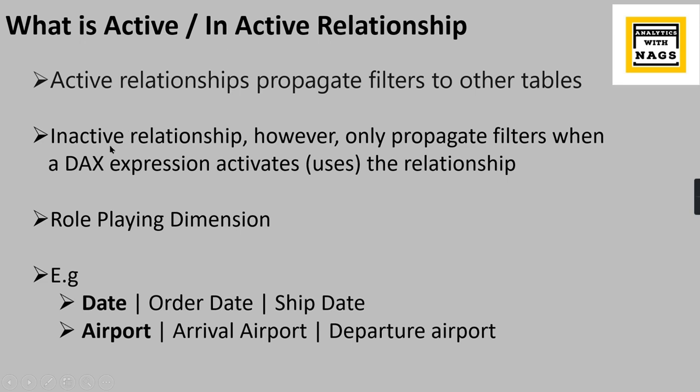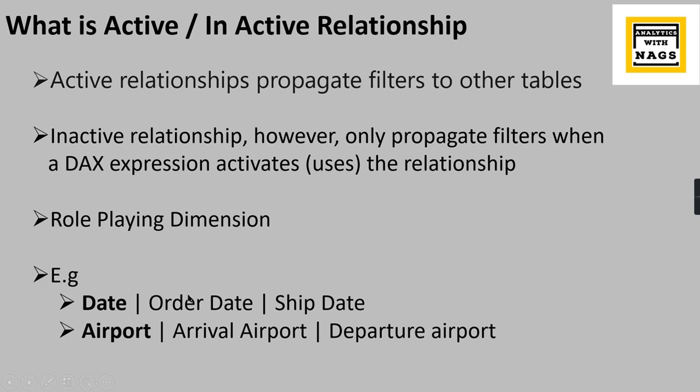That is your active relationship. When we need to go for inactive, you need to understand the concept called role playing dimension. Basically, you have a date column in your sales, the order date and the ship date. Instead of creating two different dimensions for order date and ship date, you create a single role playing dimension.